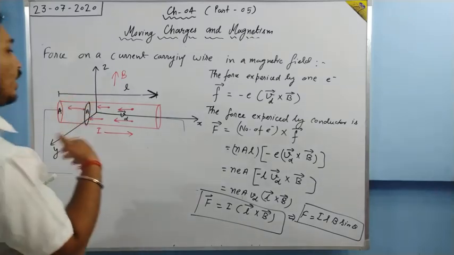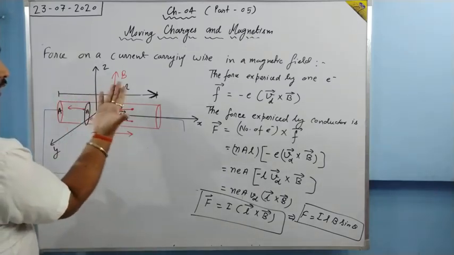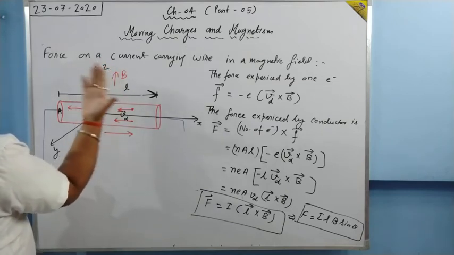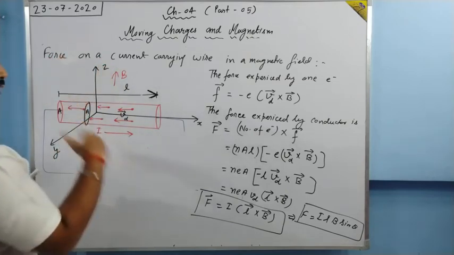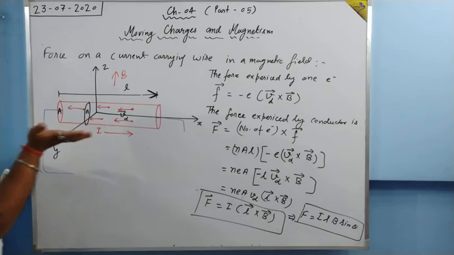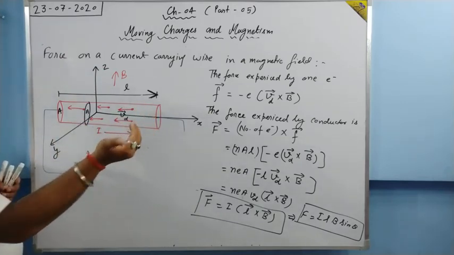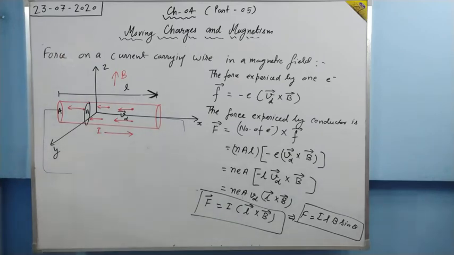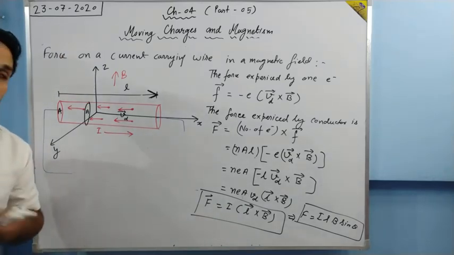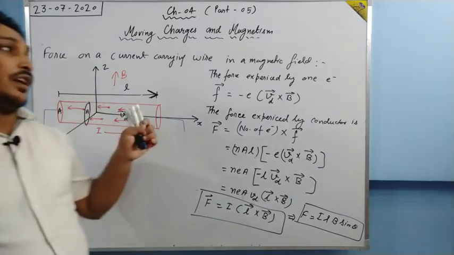So the direction of current is here, the direction of magnetic field is here, so the force is perpendicular outward. Is it clear? So this is all about force on a current carrying wire.